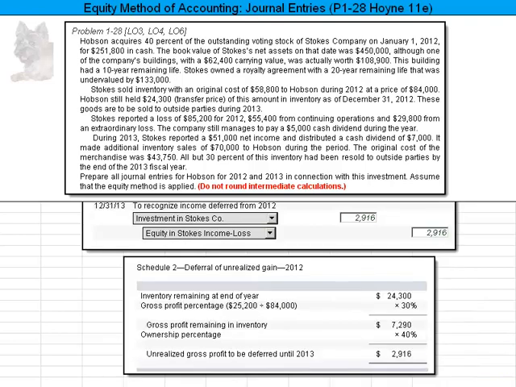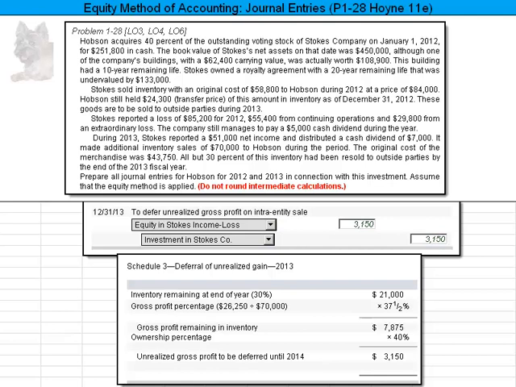Okay, now I slid the screen up so you can see how we came up with that 2,916 income deferred that needs to be recognized. 24.3 remaining at the end of the year, gross profit, 30% gives us gross profit remaining in inventory, 7,290, we own 40%, so 2,916 is the amount of that deferred unrealized gain we need to recognize.